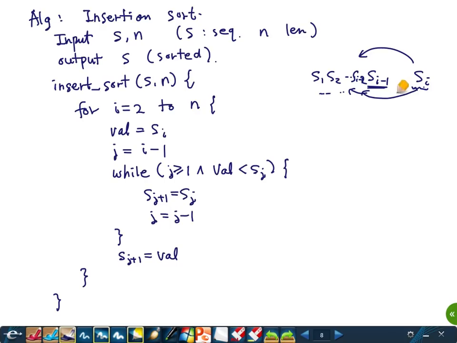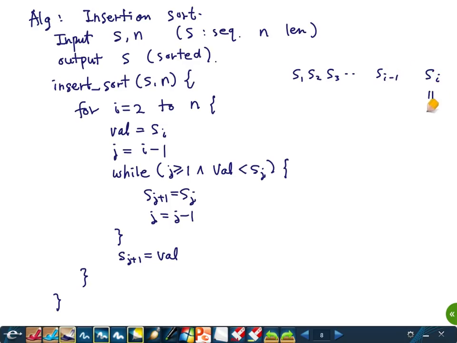Let's write more precisely. We have S1, S2, S3, dot, dot, dot, Si minus 1, and Si here. And first we set val. Because we want to know the right position for this number, val stores the value of Si. We are going to compare these numbers with val, and we are going to look at the position.